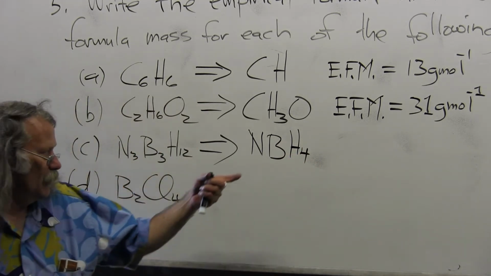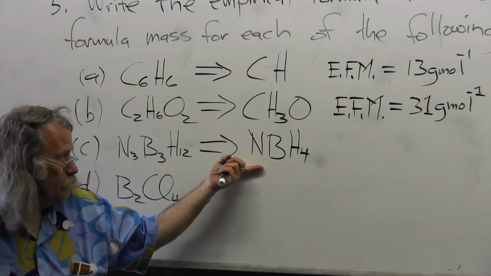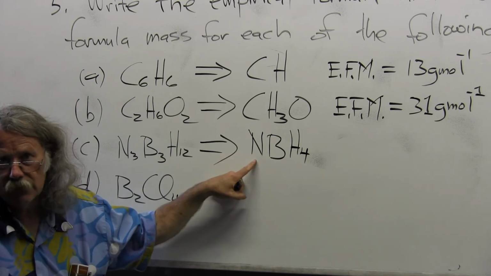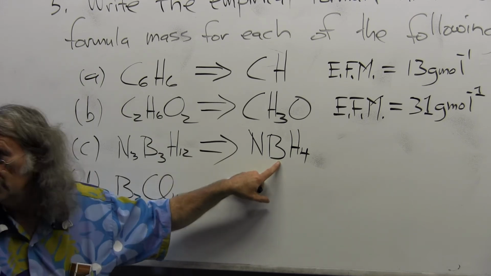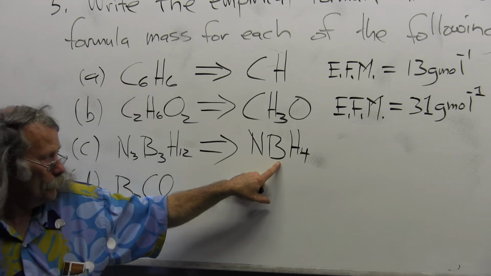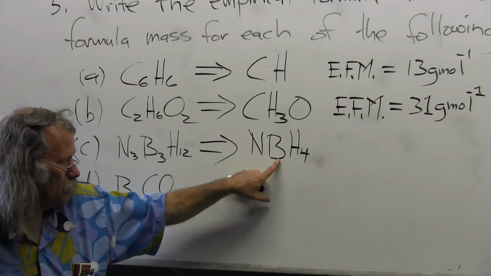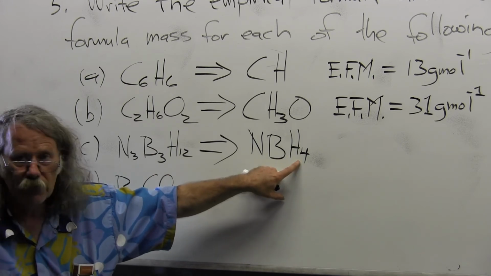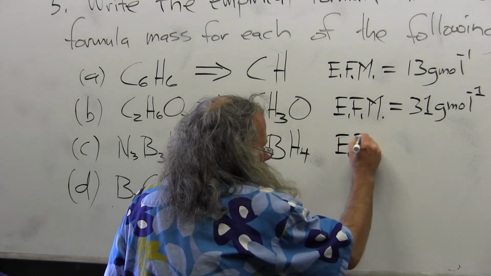Now we just have to find the empirical formula mass. Nitrogen is 14 grams per mole. Boron is 10 grams per mole. And hydrogen, 1 gram per mole. So I have 14 plus 10 is 24. 24 and 4 is 28.